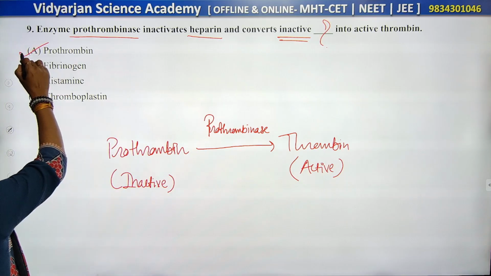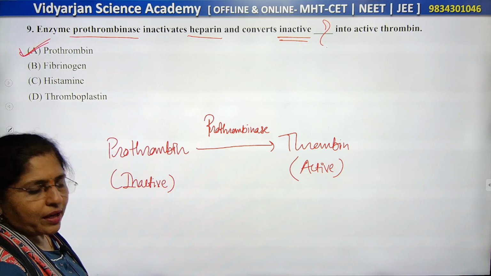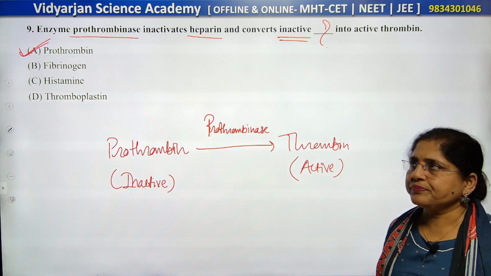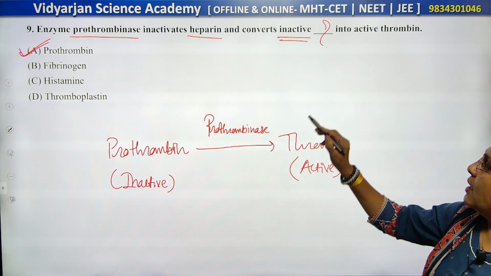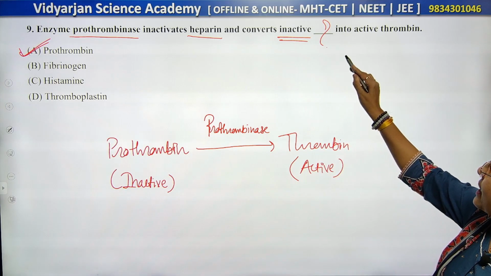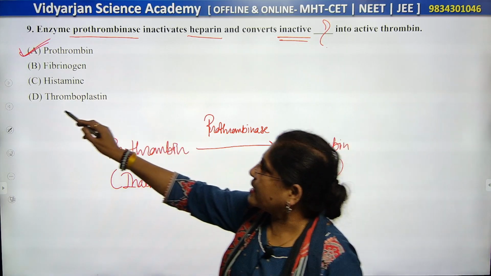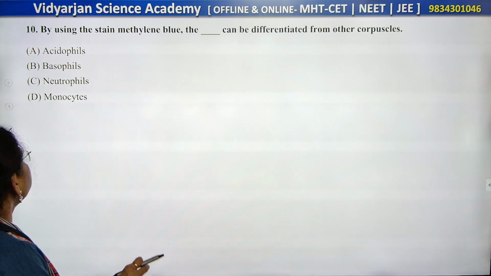So your answer here is number 1, that is A. A will be the correct answer. Again, I am repeating this question. Enzyme prothrombinase inactivates heparin and converts inactive dash into active thrombin. So your answer is prothrombin. Note down the answer.